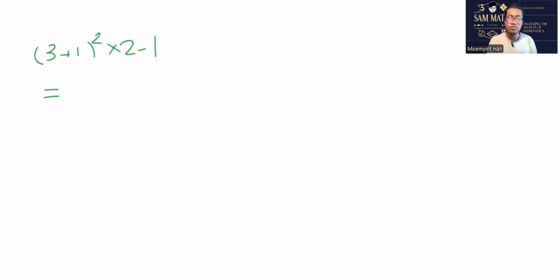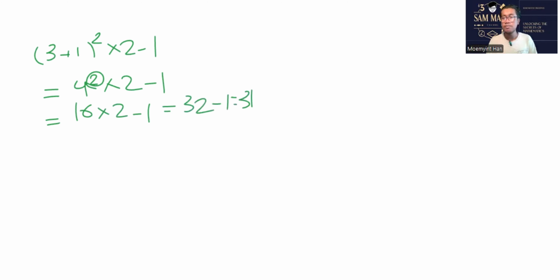And then we do the exponent: 4 squared is 16, times 2 minus 1. We do multiplication first, so it's 32 minus 1, which is 31. What I want to say is that there is only supposed to be one answer in this type of problem. It doesn't make any sense to have various answers.